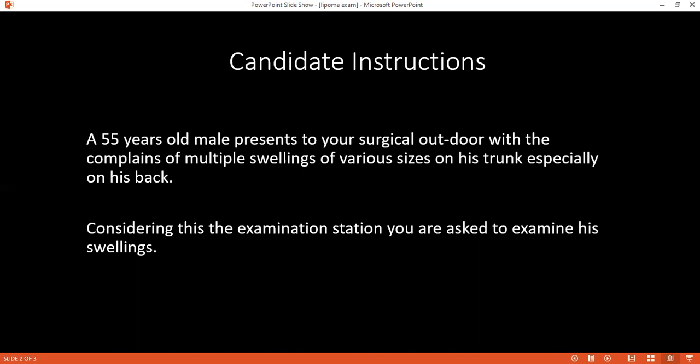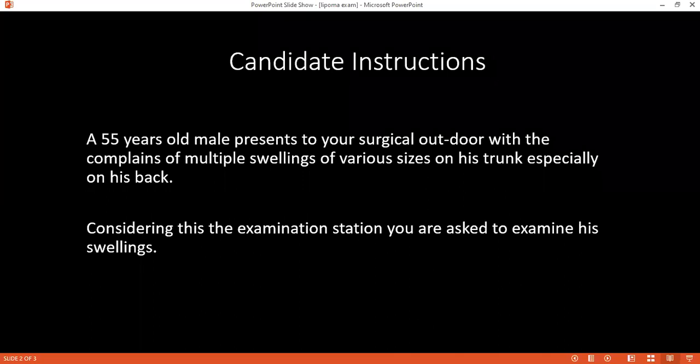Then I check the surrounding area, if it is pulsatile, and if I can reduce it. Then I assess for the regional lymph nodes. After the examination, I will thank my patient, then help him dress up.